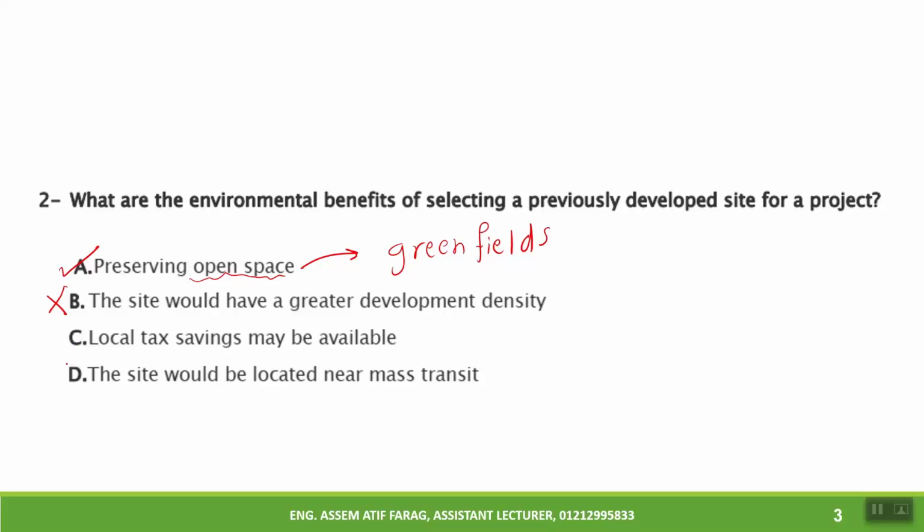This answer is also wrong, because tax savings are an economic benefit, not an environmental benefit. For the last choice, the site would be located near mass transit. In fact, a previously developed site does not mean mass transit will be available. There are plenty of cities that have no or poor public transportation systems. So the best answer is preserving open space.